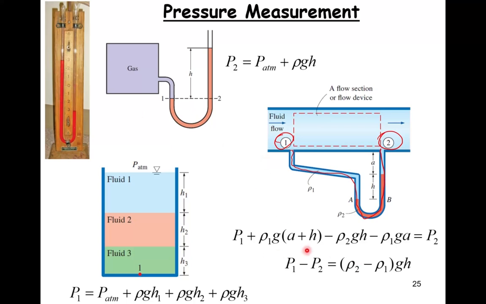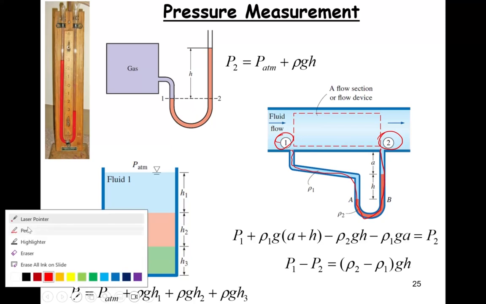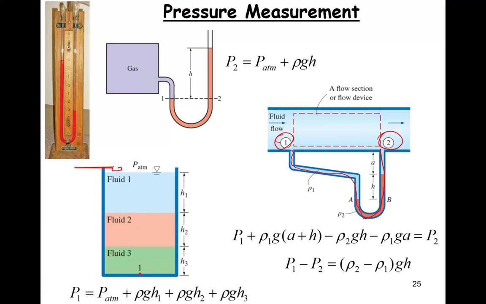This is how we can work out the pressure. I will explain this one shortly. But if we have a container with a few different fluids in it, and we want to work out the pressure, obviously the pressure at this point should be added to this column of liquid 1, then liquid 2, and then liquid 3.